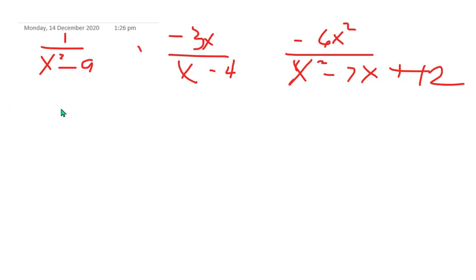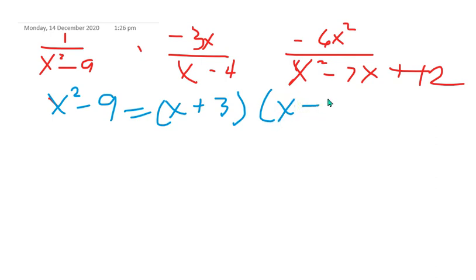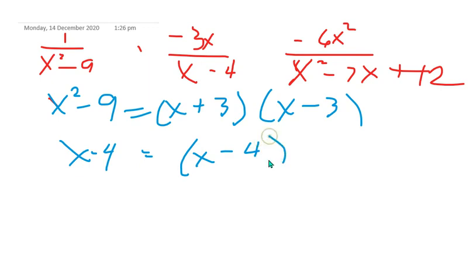So we have to factor. So the factor of x squared minus 9 is x plus 3, then x minus 3. Then we copy x minus 4. So we have x minus 4 times 1.